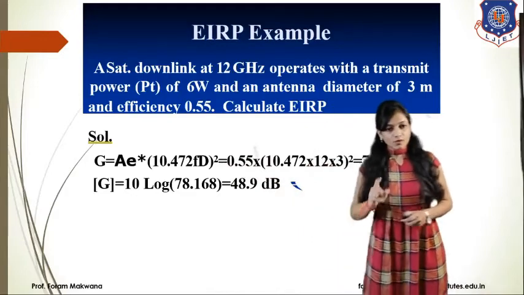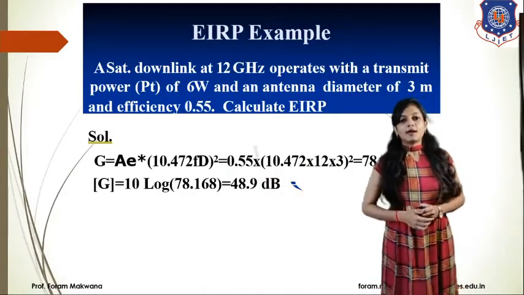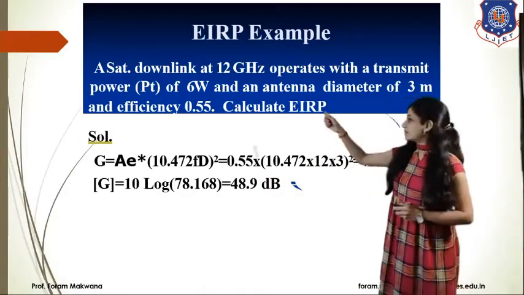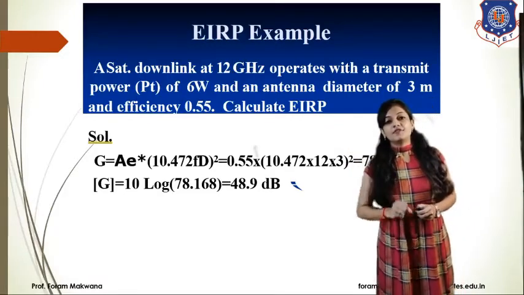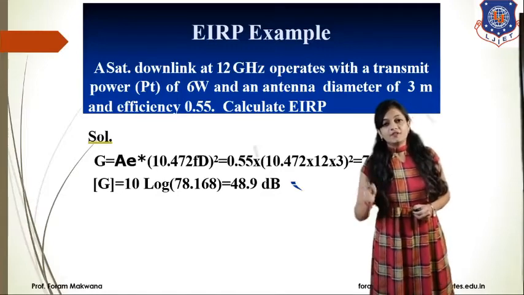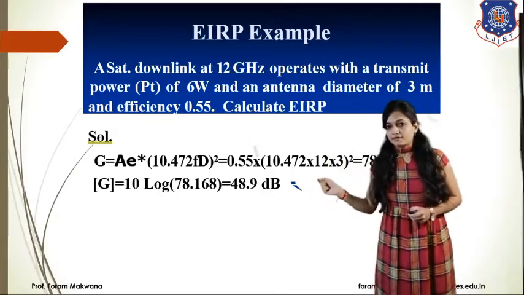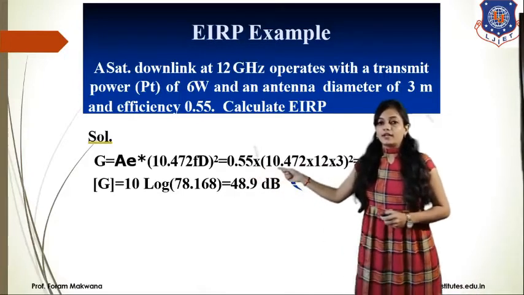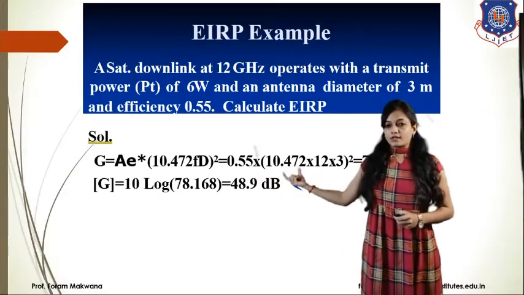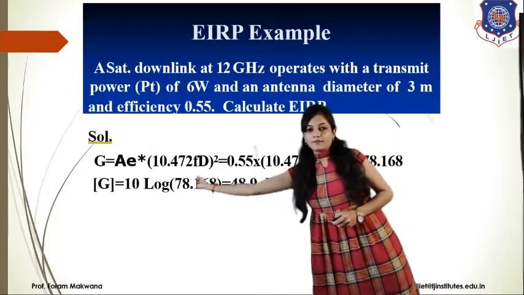What is A? A is my aperture efficiency, which is already given as 0.55, right? That means the efficiency is 55%. If it is given as 75%, then we need to place 0.75. Into what is 10.472? It is a constant coming from over here, right?